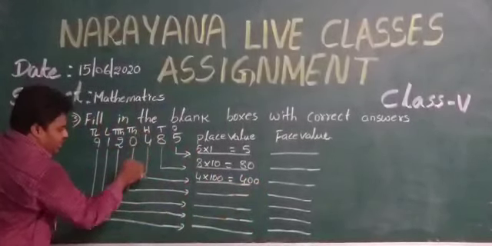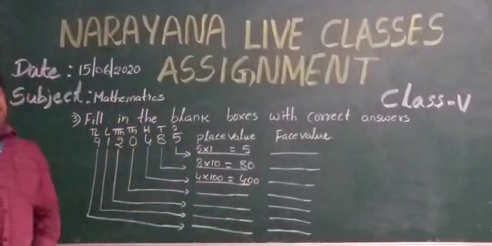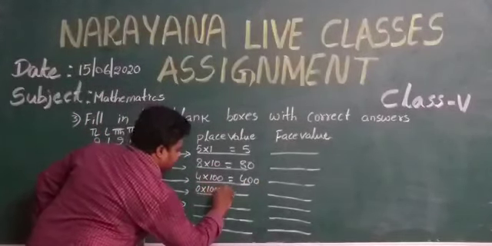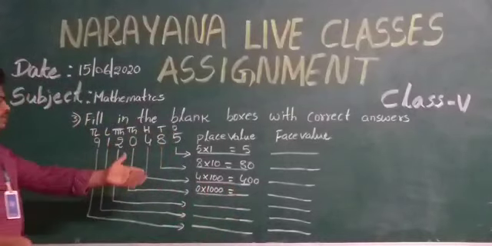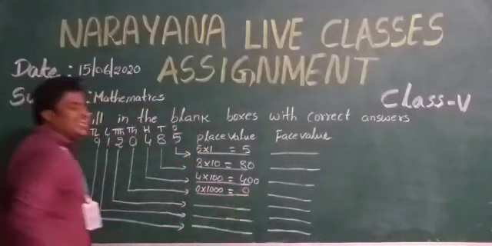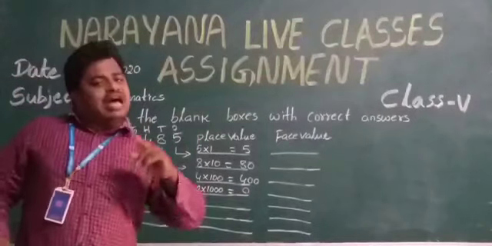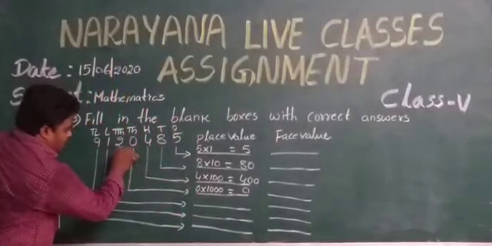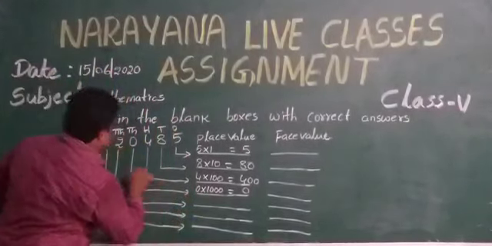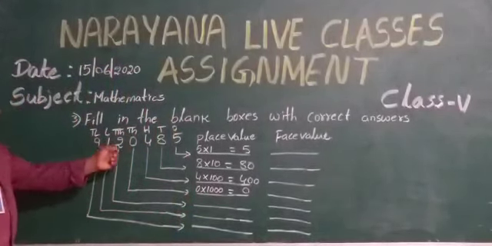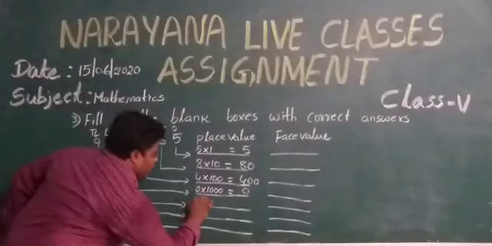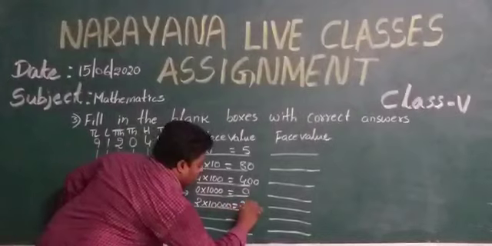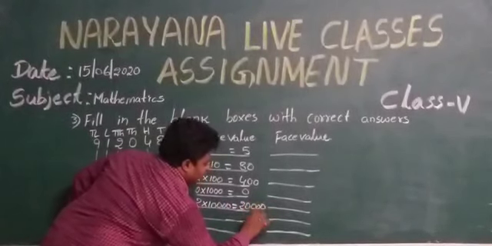Next 0 belongs to thousands place: 0 into 1000 is nothing but 0. So that indicates the place value of 0 is always 0. Next, the place value of 2: 2 belongs to 10,000s place. 2 into 10,000 is equal to 20,000.